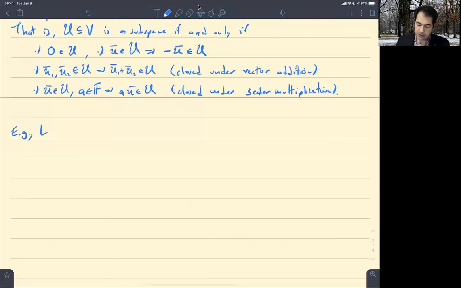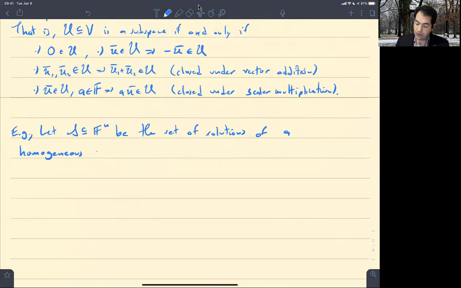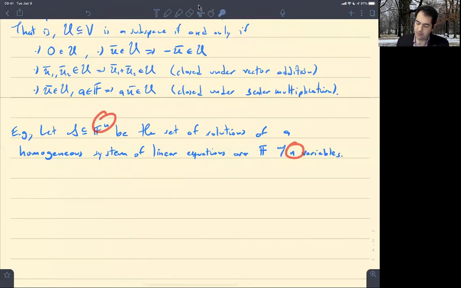So let's let S inside F^n be the set of solutions of a homogeneous system of linear equations over F, say with n variables, right? So this n is the same as this n.